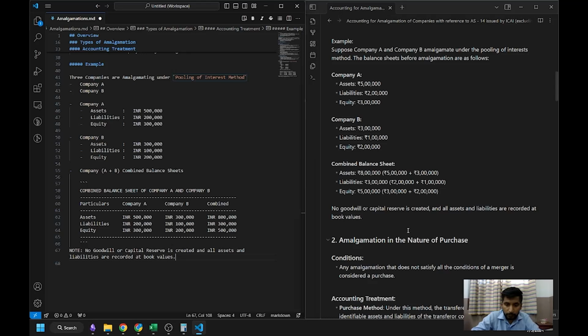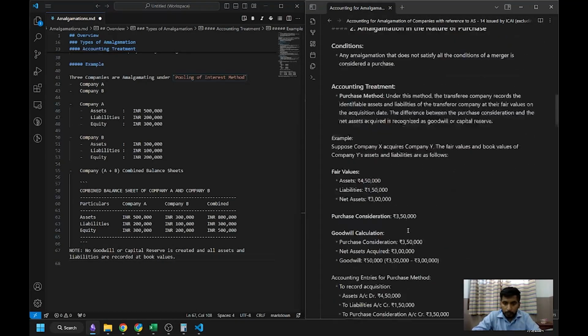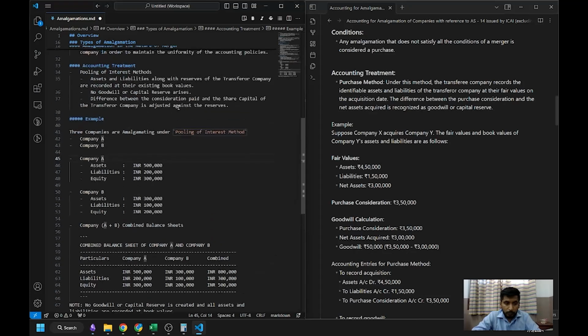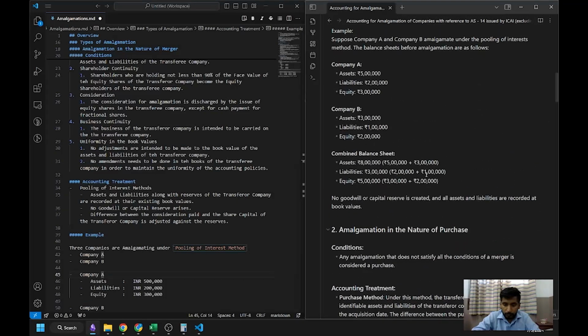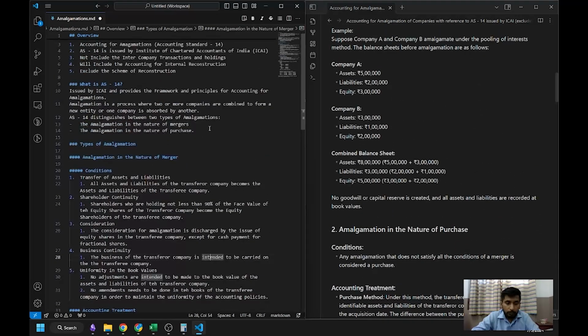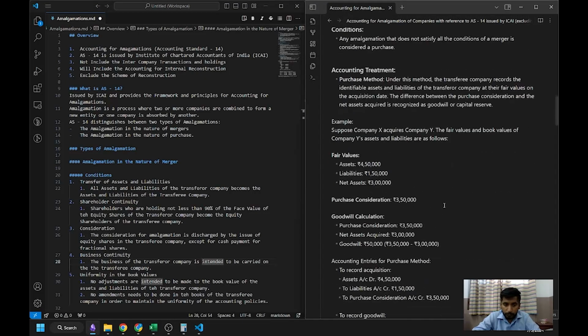Okay. This is under the pooling of interest method, for the amalgamation in the nature of merger.